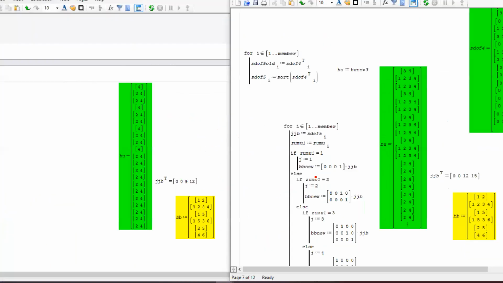As you notice, the BU matrix in non-sway has only 4 here, because rotation only. For member 1, I need lateral and rotation. For member 2, I need all the data there, 1, 2, 3, 4. While for the non-sway frame, I only need the two data. So that's the difference.